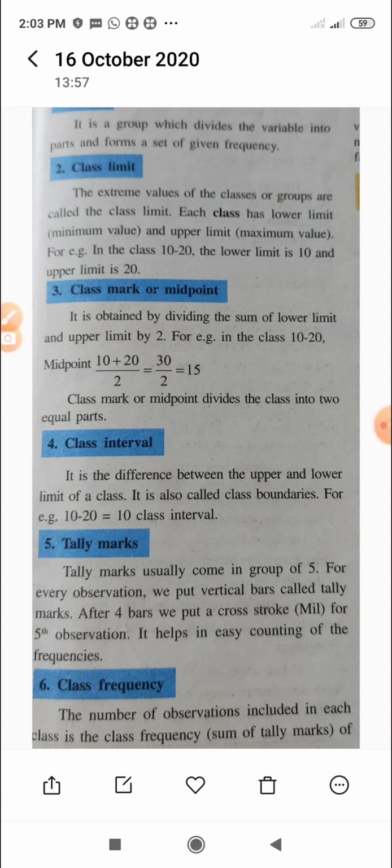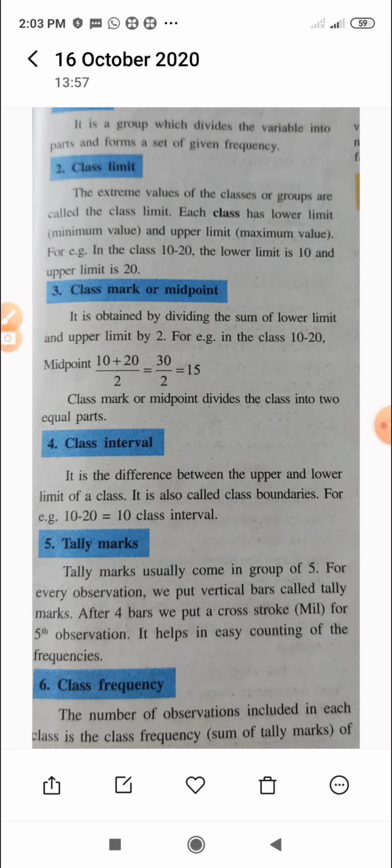Before starting this lecture, I will revise what we studied in previous video lectures. We studied the introductory and theoretical part of the topic.